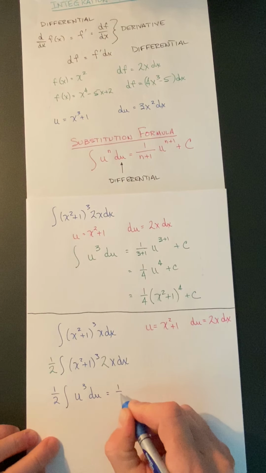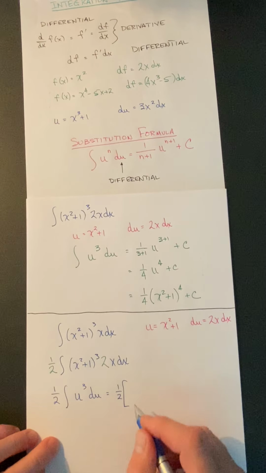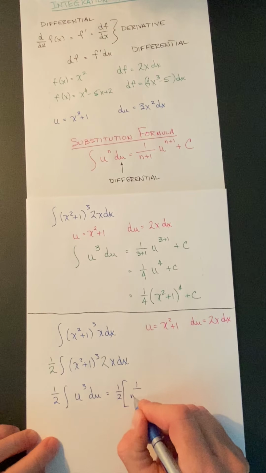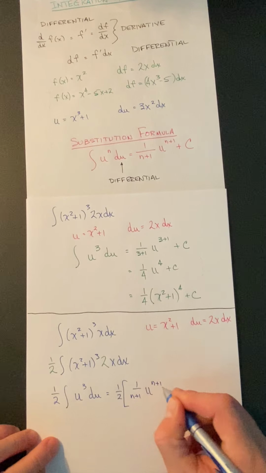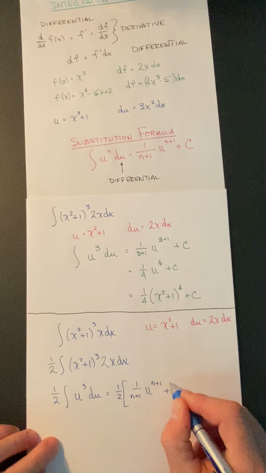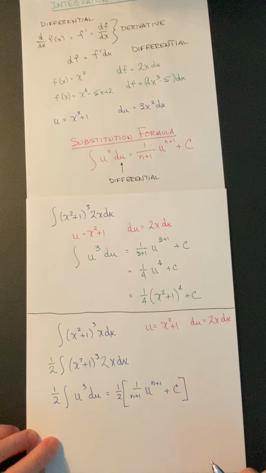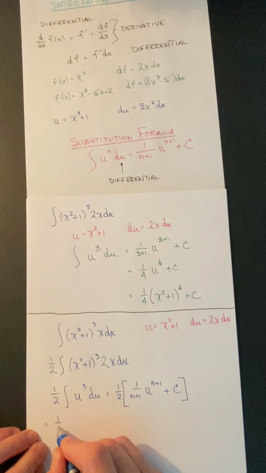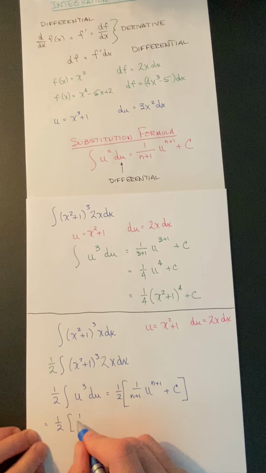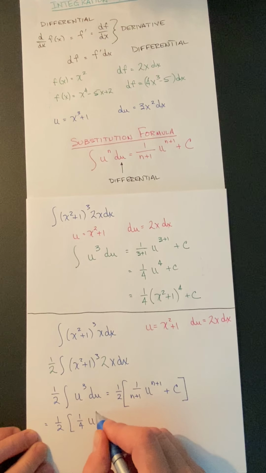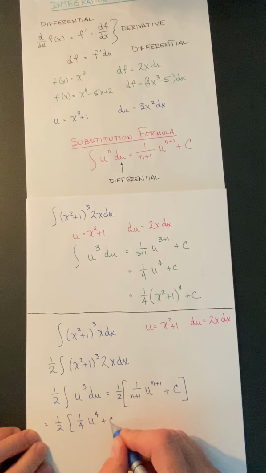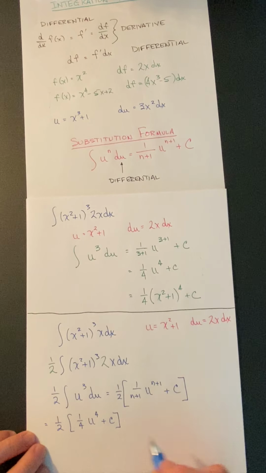So that's going to give me 1/2 times 1 over n plus 1 u to the n plus 1, plus c, or 1/2 times 1/4 u to the 4th plus c.